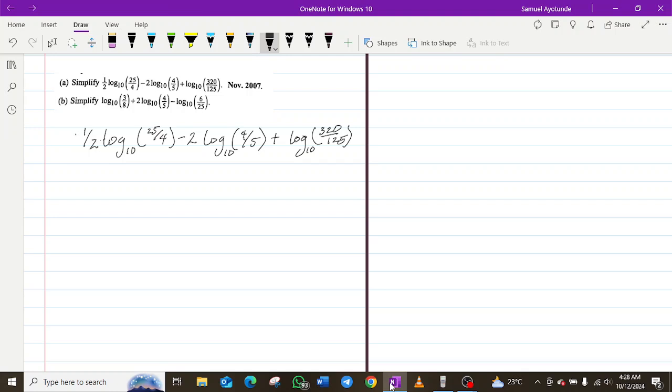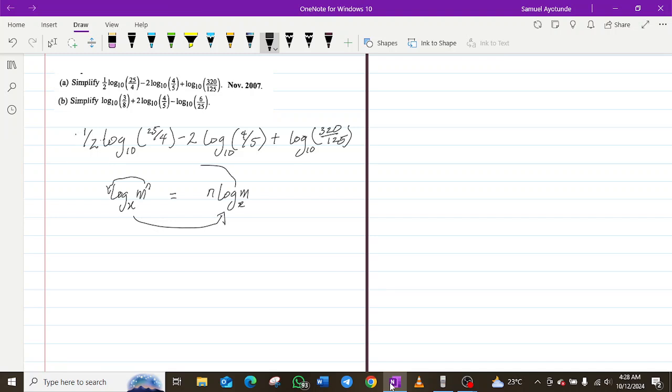Now, let's carefully look at this. We have a law, like I was saying, that implies we can turn coefficient into power, and the power becomes coefficient. So we can have n log m base x. The same way we can turn power to coefficient, we simplified this in this form to become this.